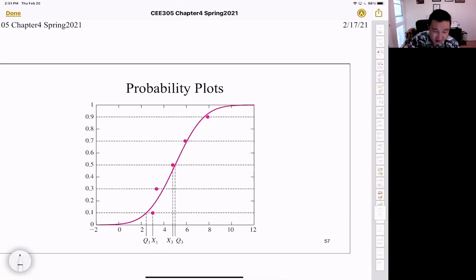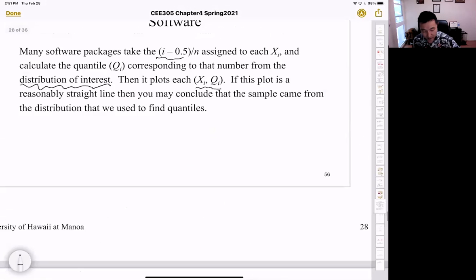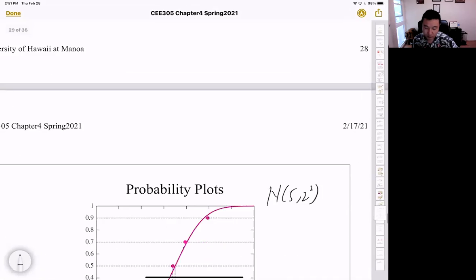If xi follows a normal distribution, then the dots should be close to this CDF line. In this case, the 5 dots are pretty much close to the CDF for a normal distribution of 5, 2 squared. Then we can conclude this sample of 5 follows a normal distribution.